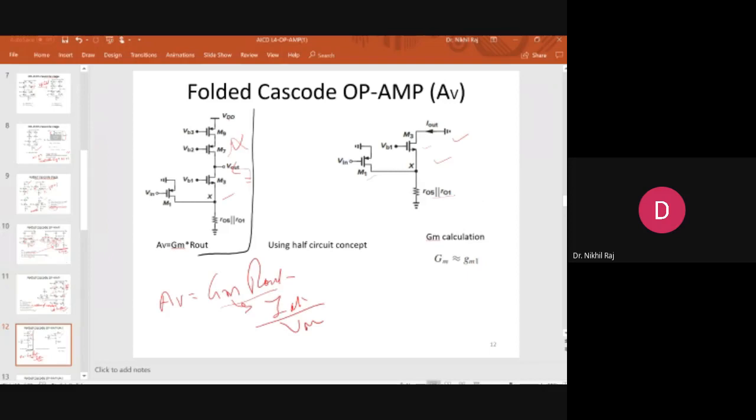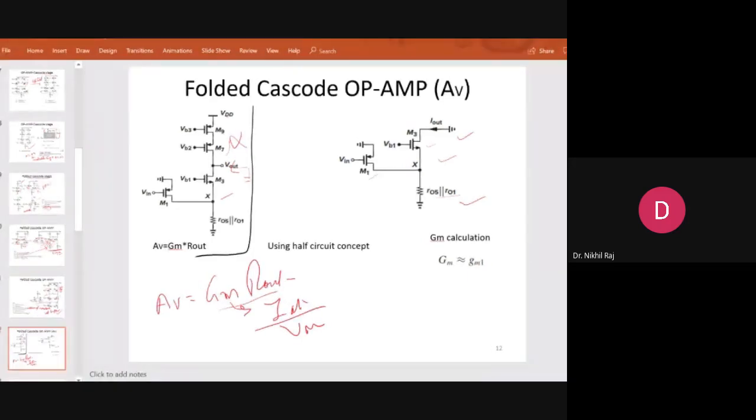So this is the equivalent model to calculate the transconductance. Now, what will be the transconductance? First we need to know the current flowing here, let's say it is I, it is ISD1, and here I out is flowing.